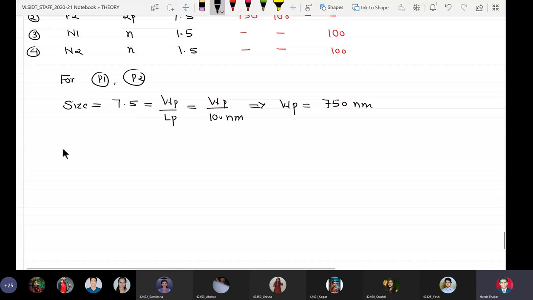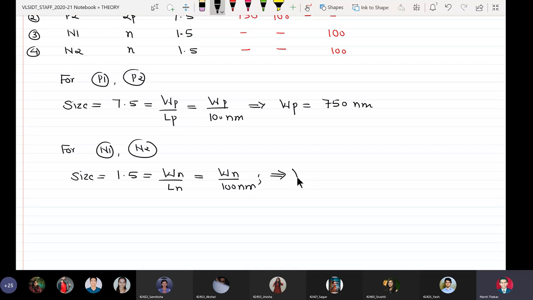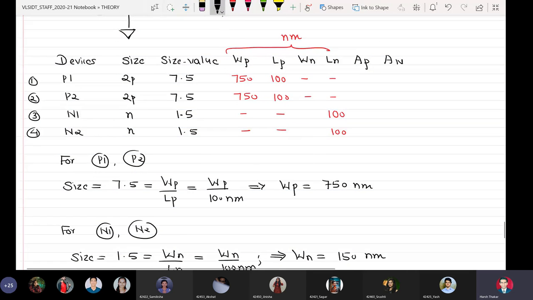Similarly, for N1, N2, size equal to 1.5, Wn by Ln, Wn by 100 nanometers. So we have Wn as 150 nanometers.